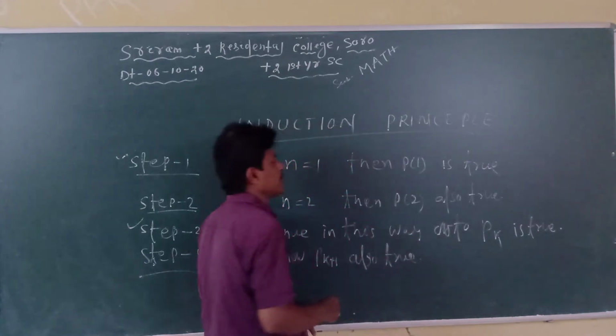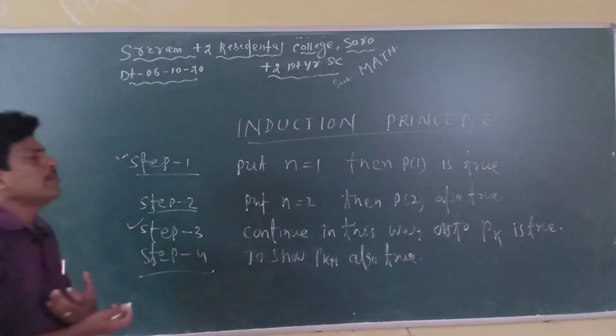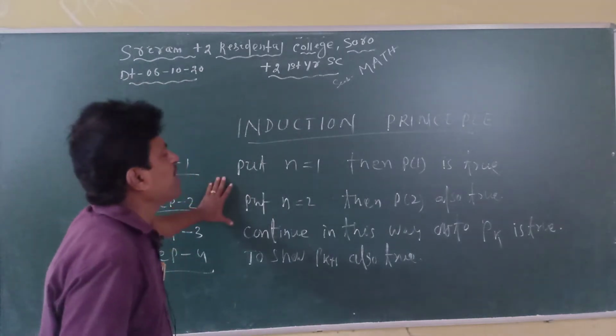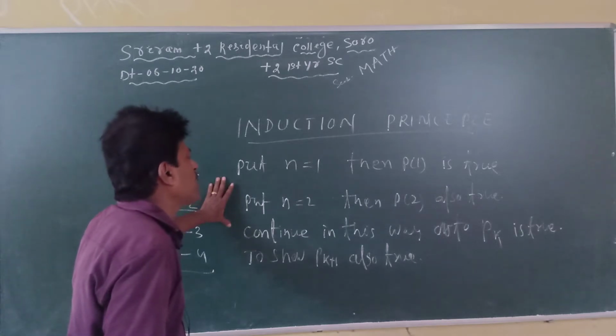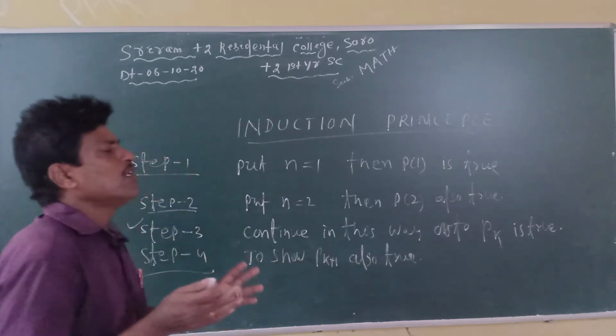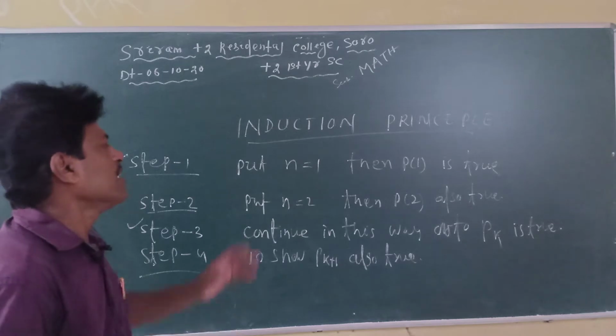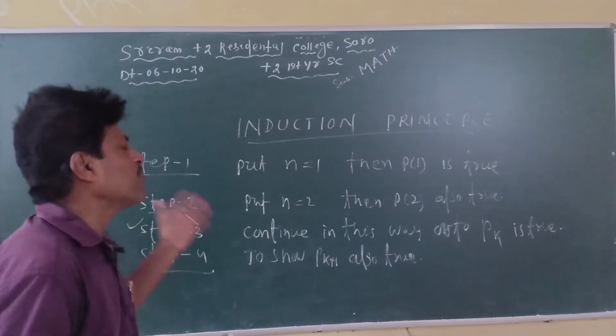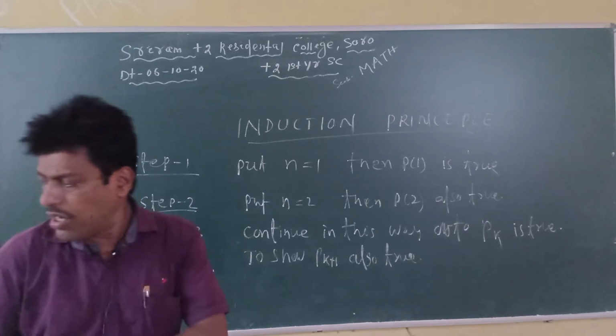That is the proof of the induction. I already understand what is in your mind about P1, P2, Pk and P(k+1). When I solve a problem by the induction method, you will understand better: what is step 1, step 2, step 3 and step 4.